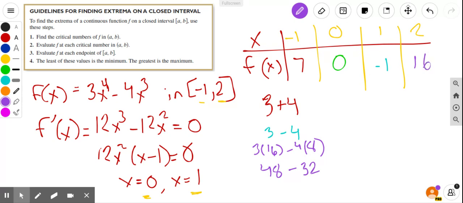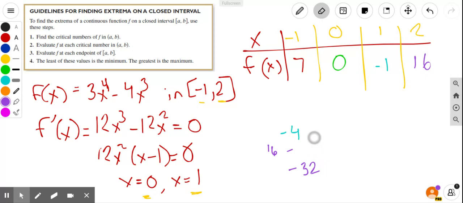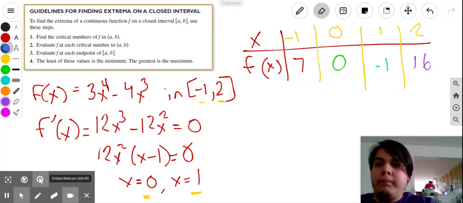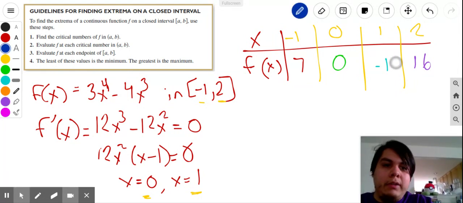Okay? So out of my table, I can do this now. I can tell you where I'm going to have a maximum or a minimum. Actually, the absolute maximum, the absolute minimum in this interval. And here's how I do it. Well, this is my lowest point.